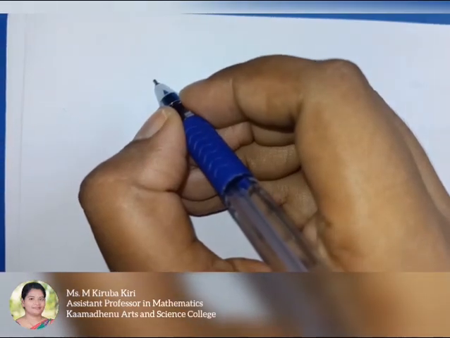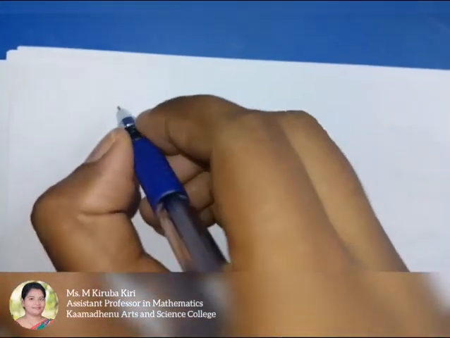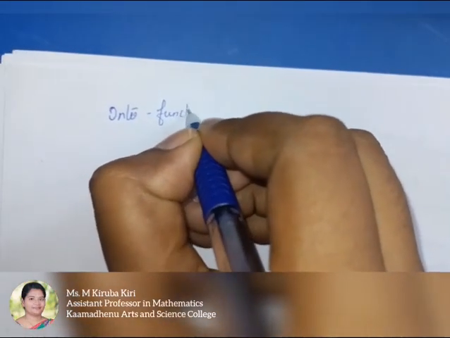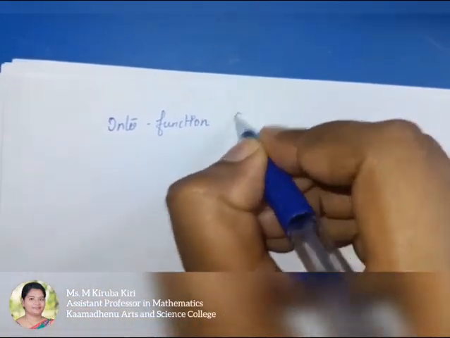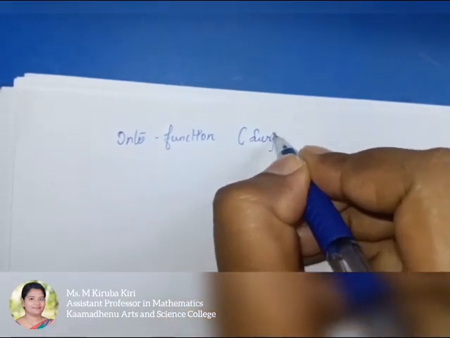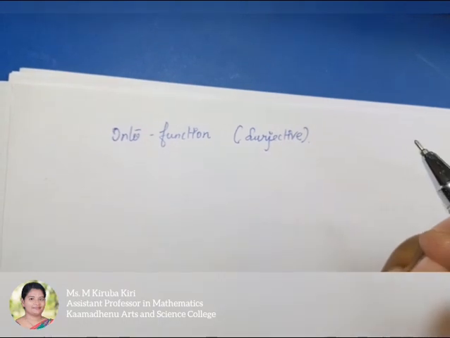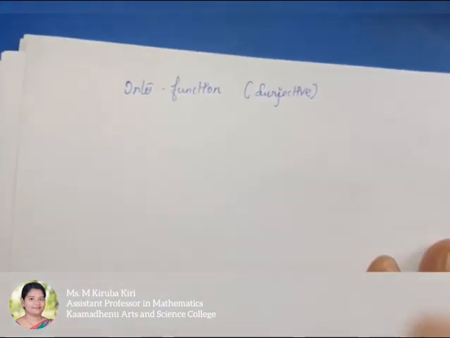Next, we're going to see the definition of onto function. Another name for onto function is surjective function. Listen, what is an onto function?